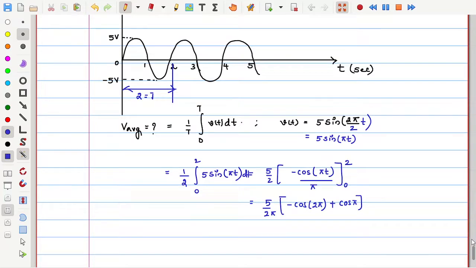Cos 360 degrees is 1. So minus is already there, so minus 1. Cos pi is cos 180, minus 1.